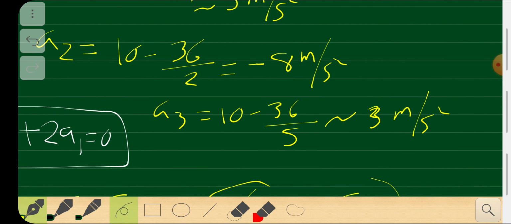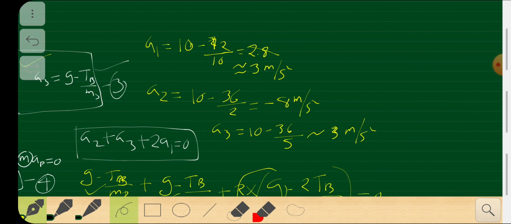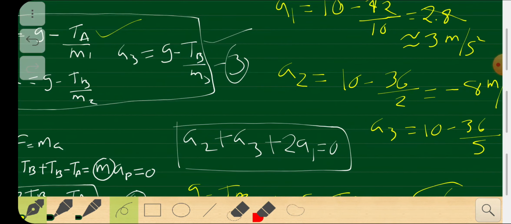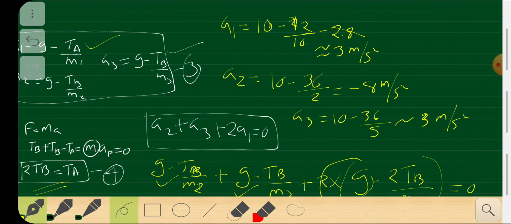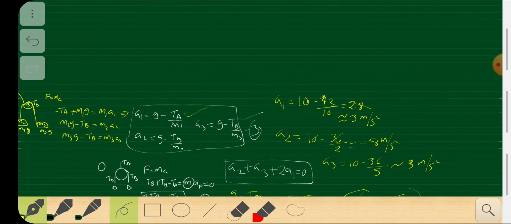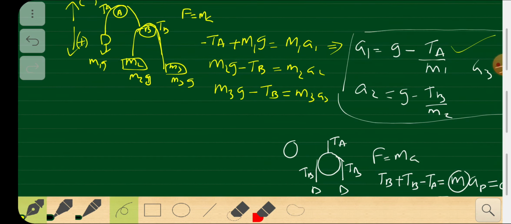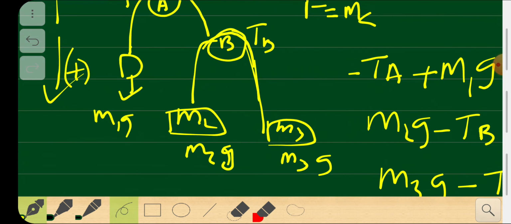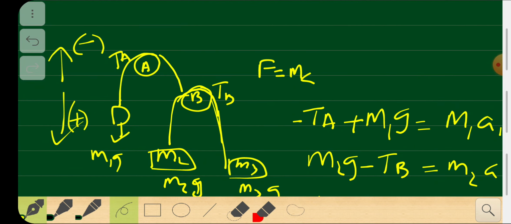So basically what you can see is that the numbers tell you a2 is negative, a3 is positive, and a1 is positive. So what that means is that this thing is going to go down, positive. This thing is going to go up, that's negative. This thing is going to go down. That's what's going to happen, right?